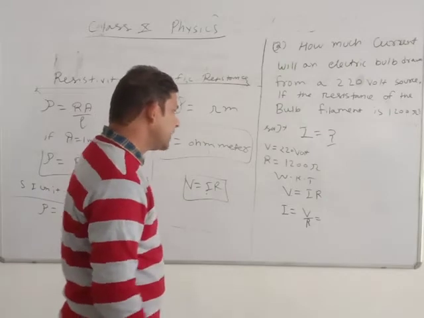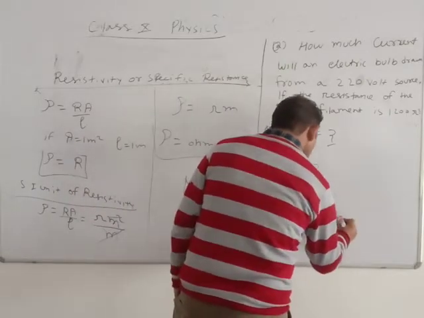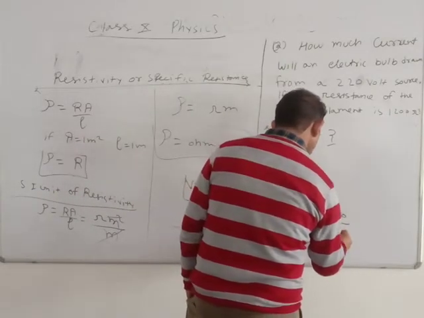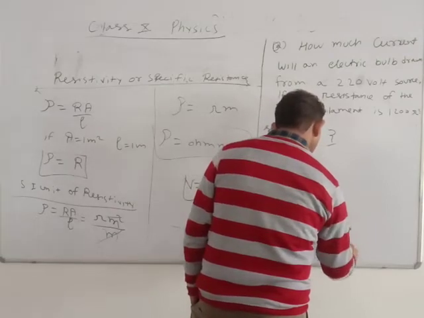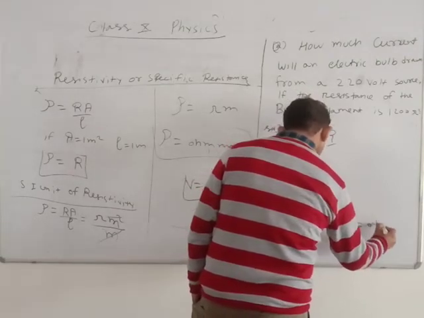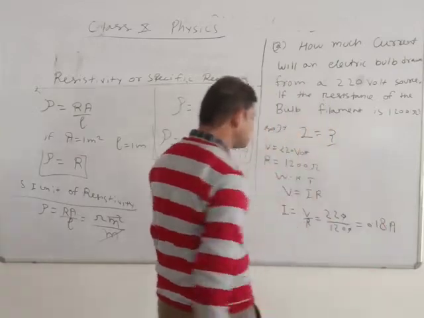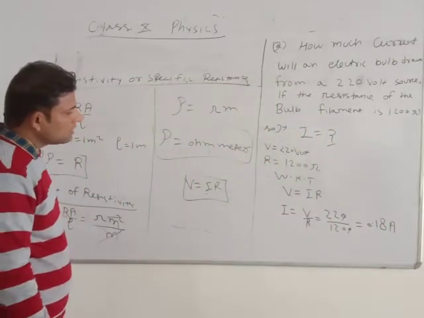Then the value of V is 220 upon 1200. It means 0.18 ampere is the answer of current.